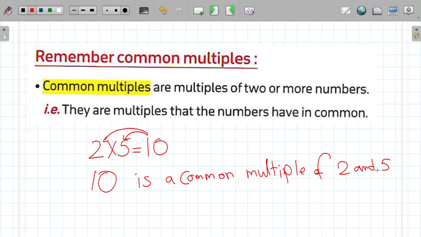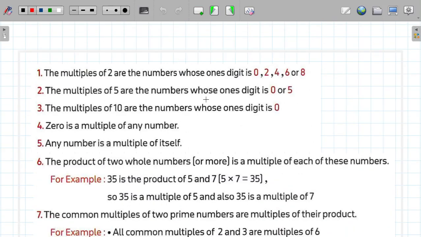Okay, maybe we have some notes first. The multiples of 2, the timetable of 2, or any number divisible by 2, are the numbers whose ones digit is 0, 2, 4, 6, and 8.